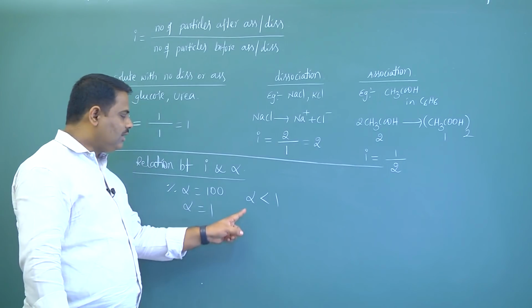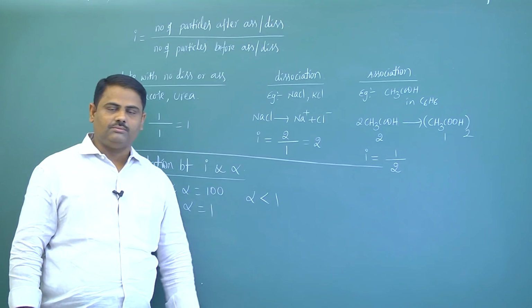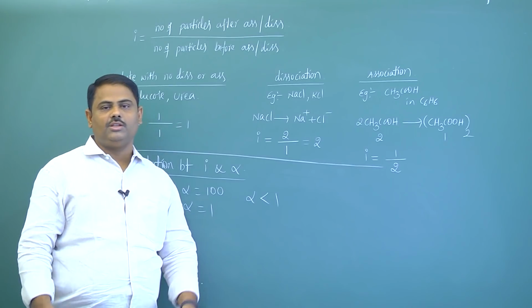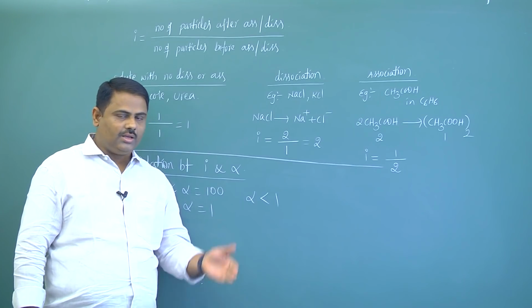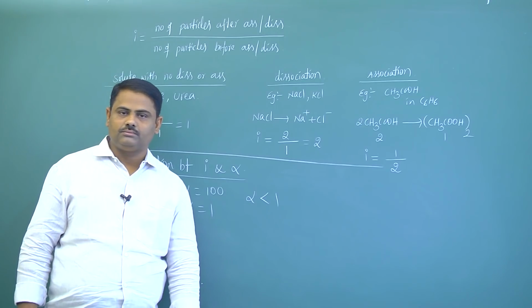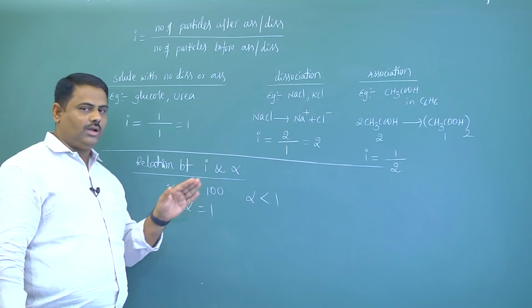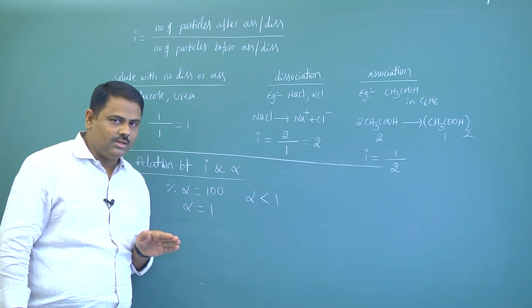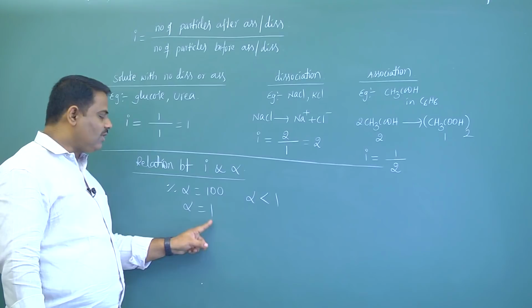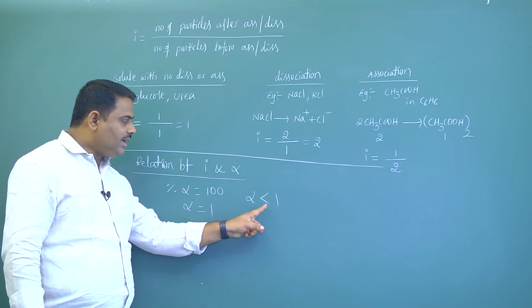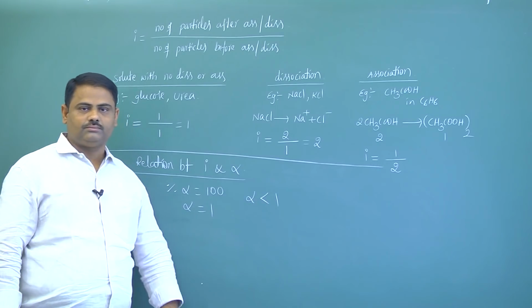What is alpha? Degree of dissociation. This is the main difference between a strong electrolyte and a weak electrolyte. I'll repeat, we have only two values for the degree of dissociation: for strong electrolytes that is 1, for weak electrolytes less than 1.